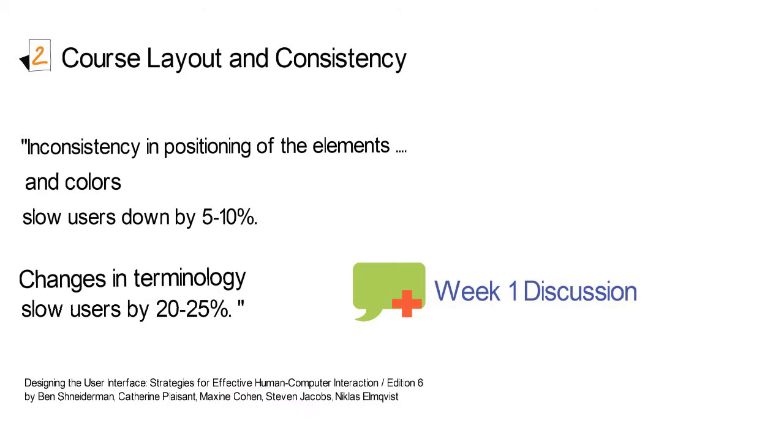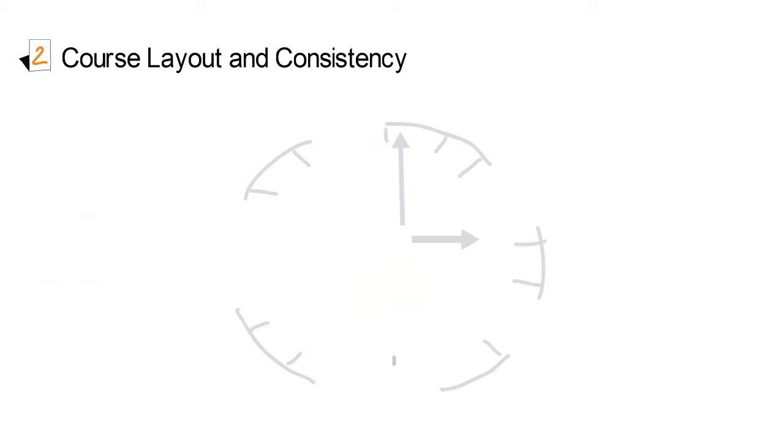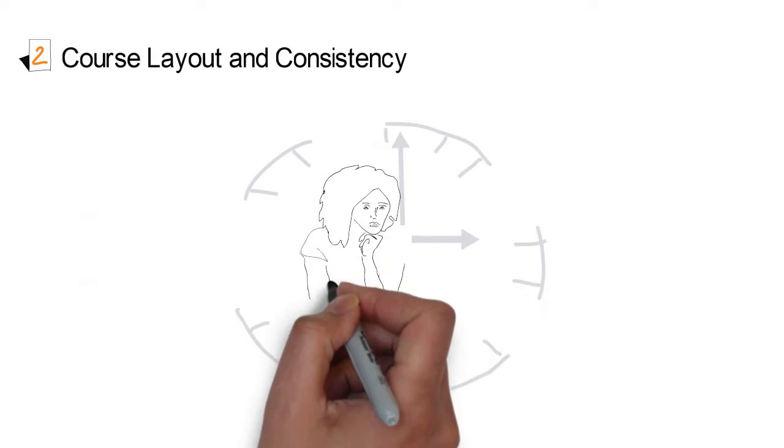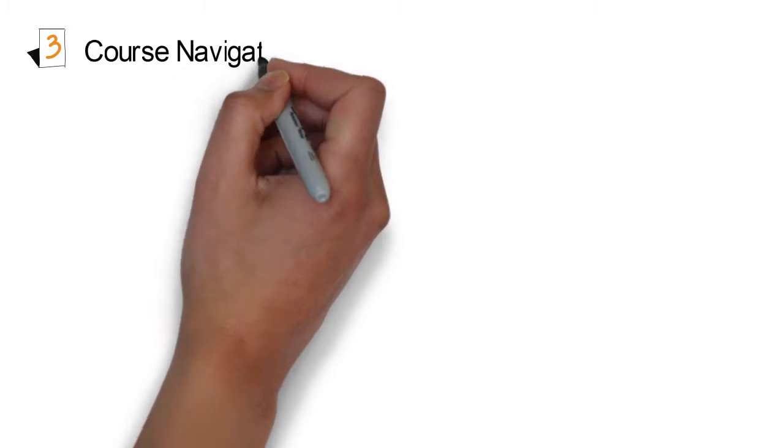So if you call assignment 1 week 1 in the syllabus, use the same name throughout the course and use the same naming convention for the rest of the assignments. If you avoid inconsistency, students will have more time for interacting with course content rather than wasting time on navigating the LMS.